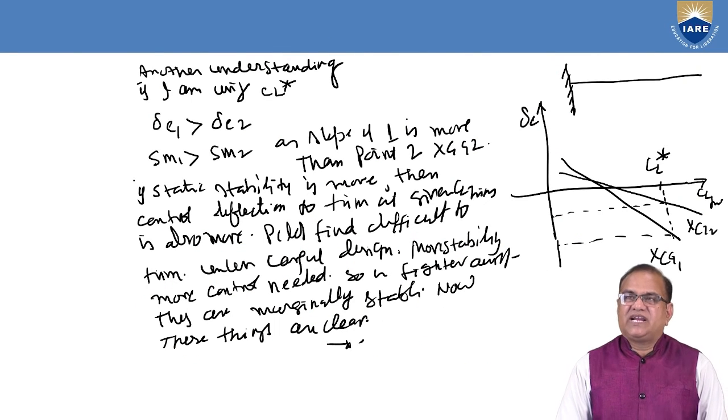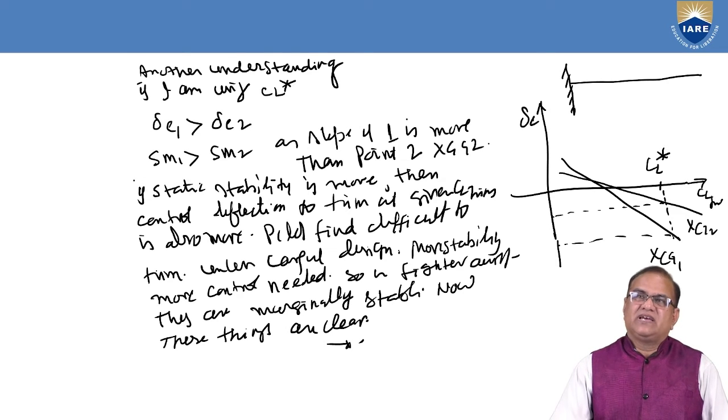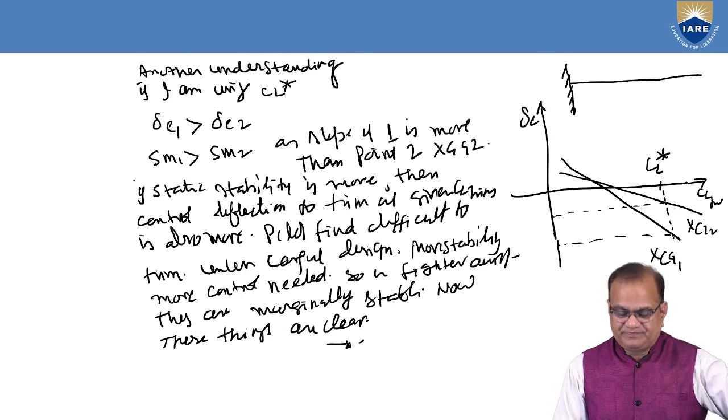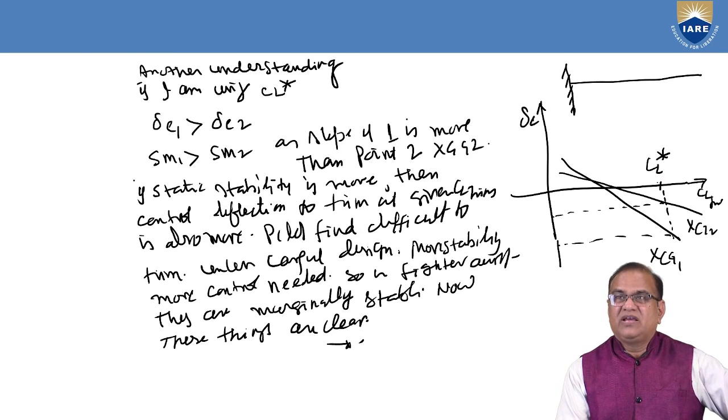Another understanding we can get here, from the previous one, is that I have used the CL star, and here is the CG location XCG, and you want to fly at CL star. Assume here is 0.5 and you want to fly at a new CL of 0.7.